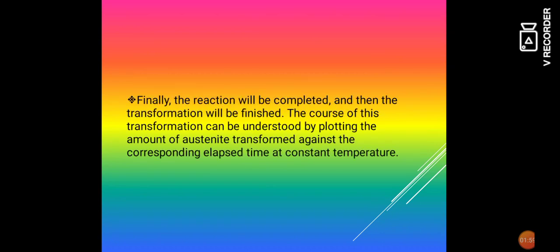Finally, the reaction will be completed and then the transformation will be finished. The course of this transformation can be understood by plotting the amount of austenite transformed against the corresponding elapsed time at constant temperature.